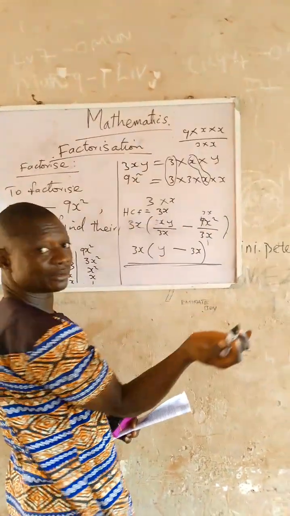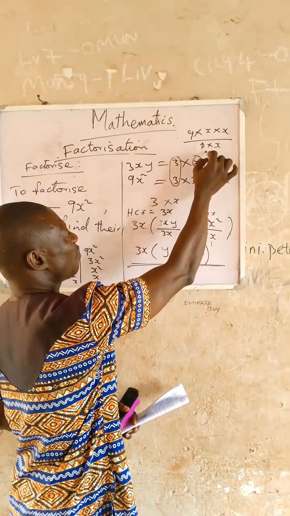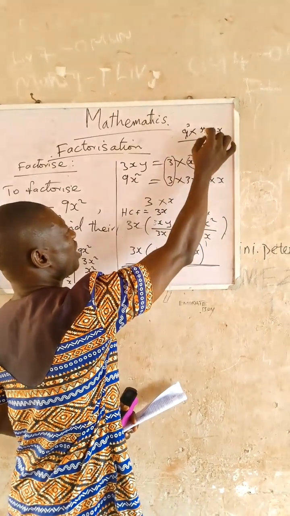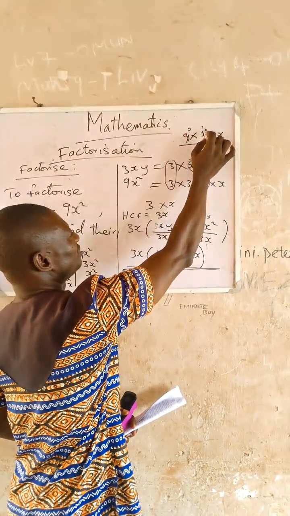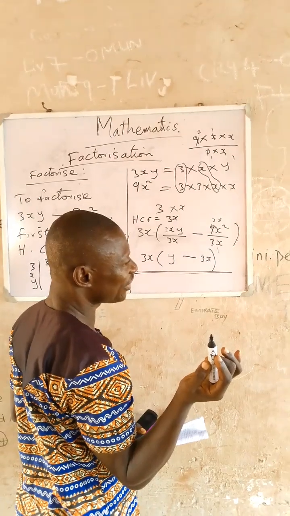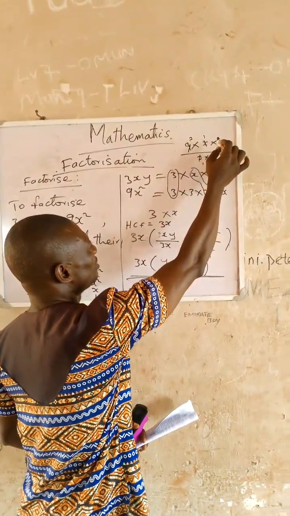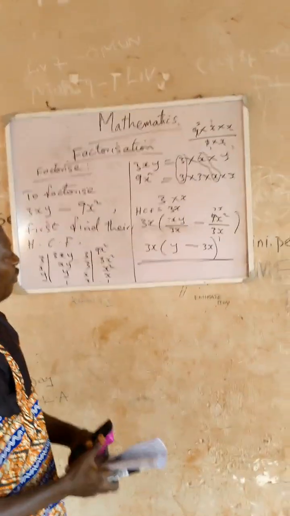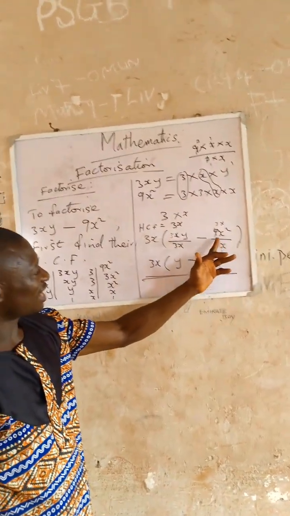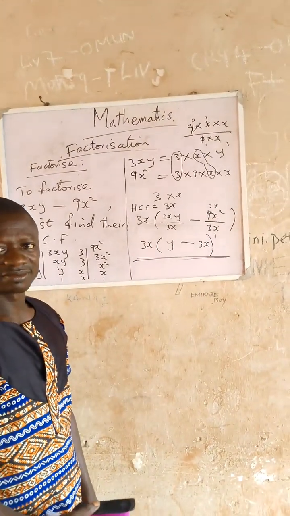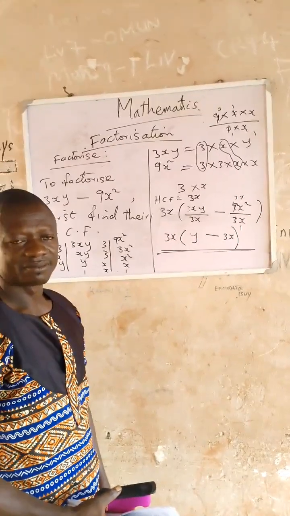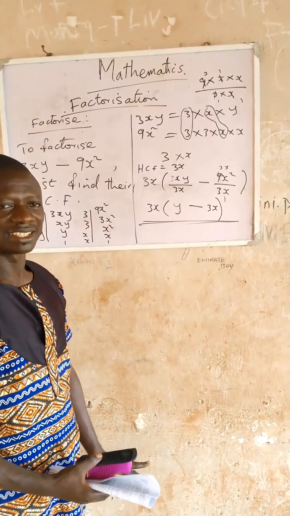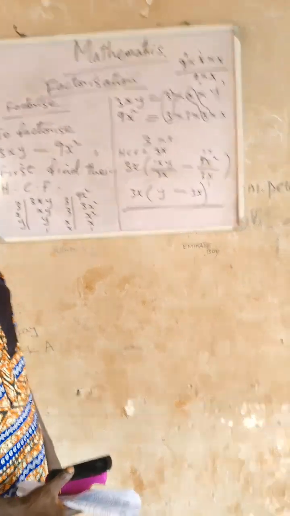You can see that 3 will divide itself, 1, and divide 9, 3. x will divide itself, 1. So 3 times 1 times x. That's where we got the 3x. So if we use 3x to divide 9x squared, we get 3x as the answer. I hope that is understood. Do you understand that? Yes. Okay.